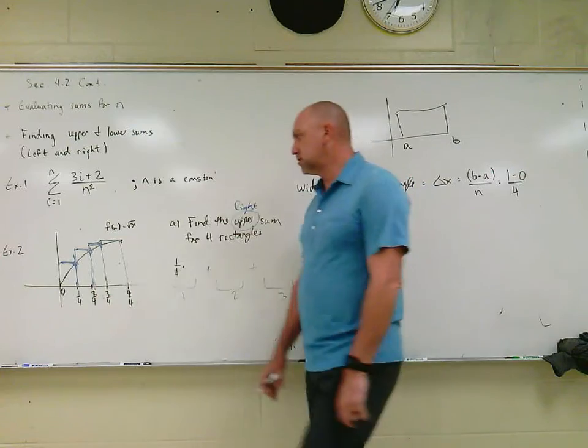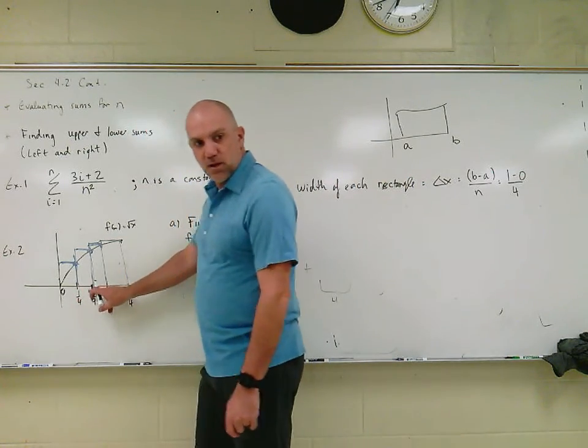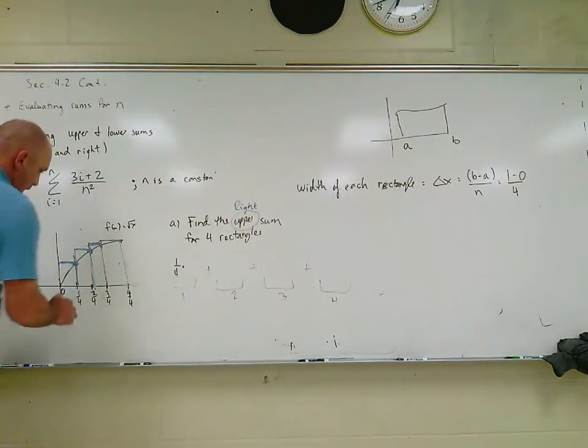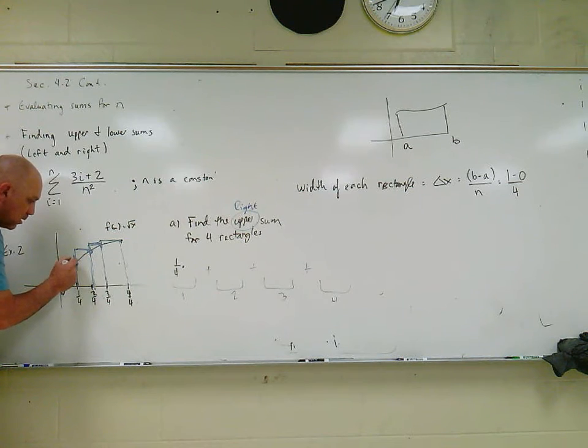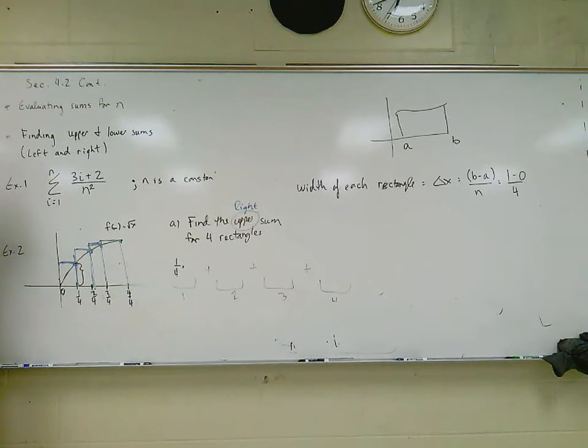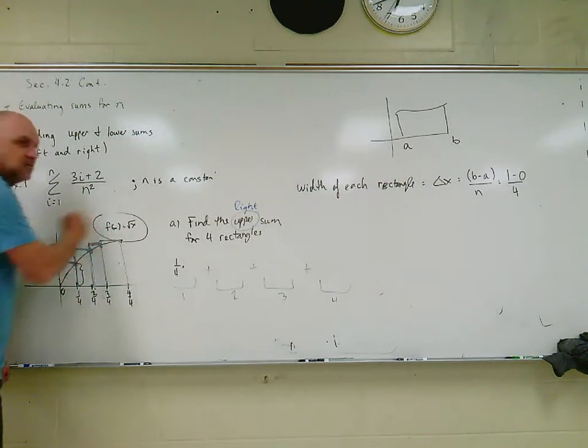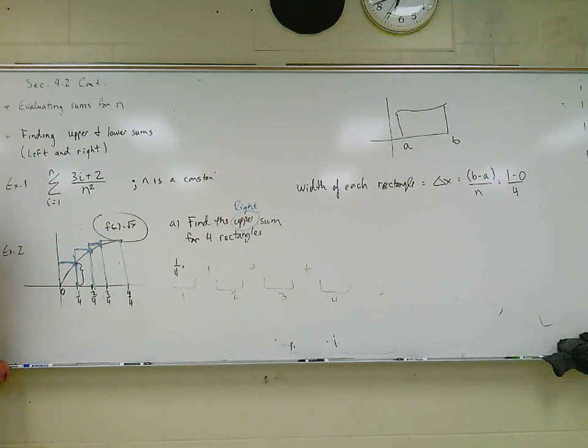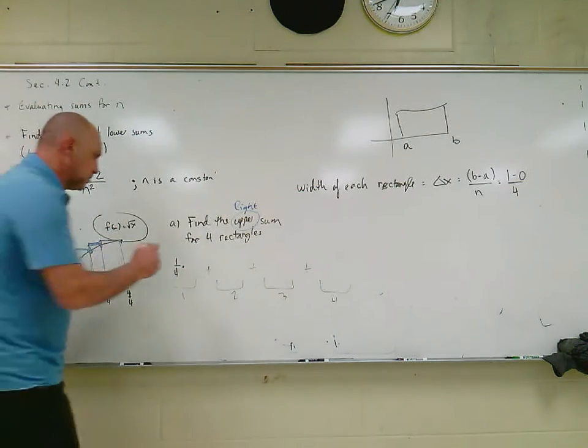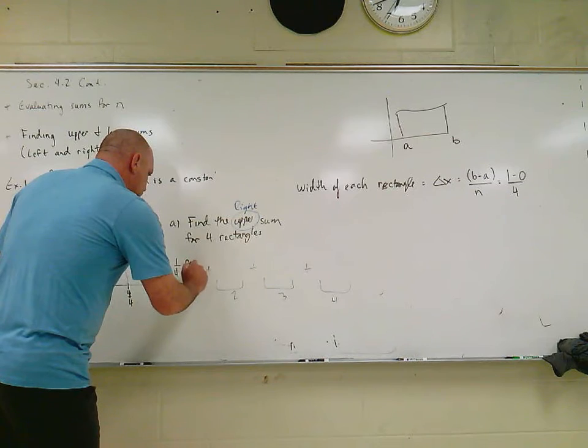For this first rectangle, I need the height. Well, notice, it touches the curve. So this height is the y value when x is 1/4. How do you say y value when x is 1/4 when you have f of x? f of 1/4. So for the first one we say 1/4 times f of 1/4.